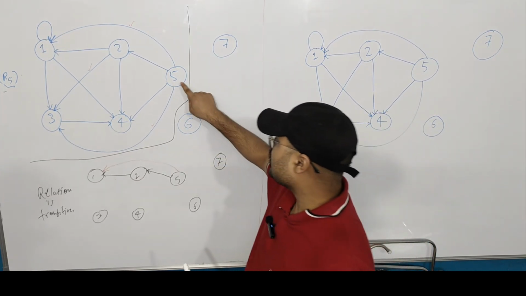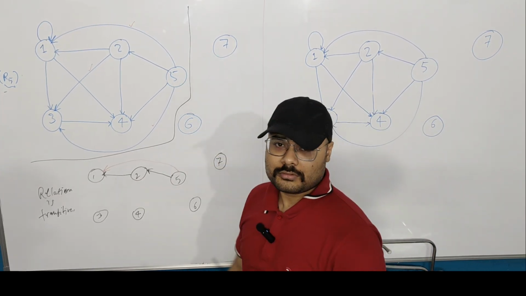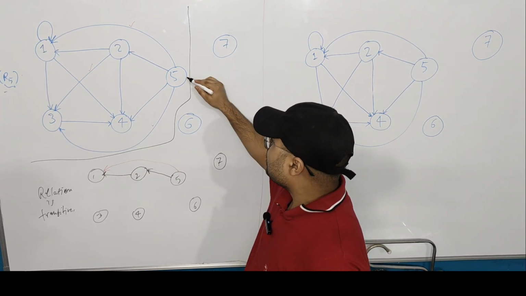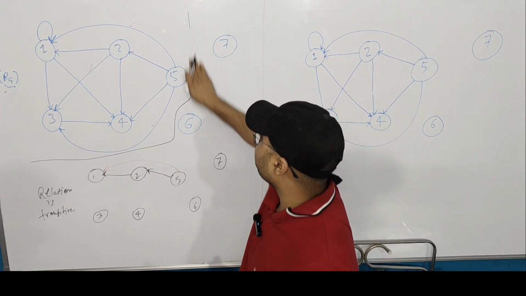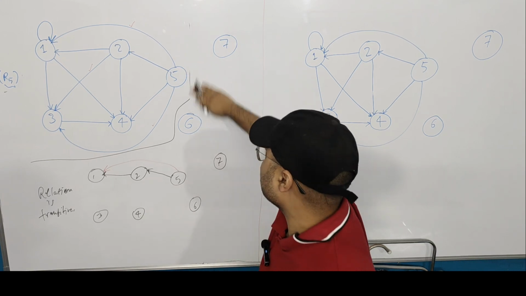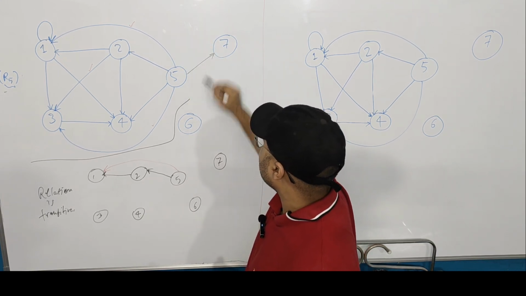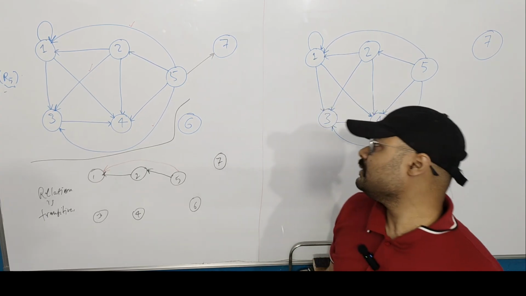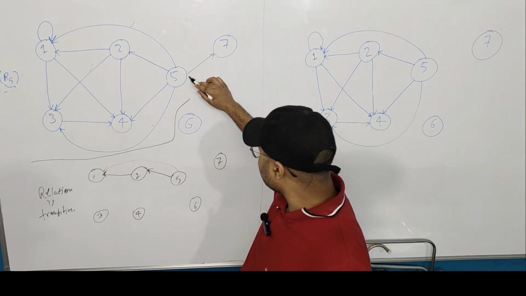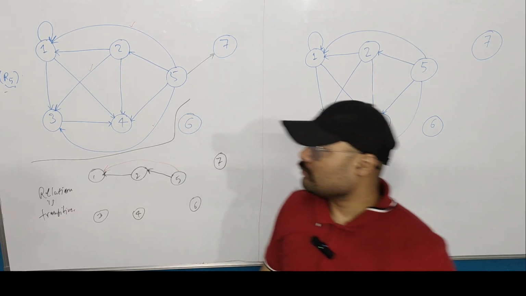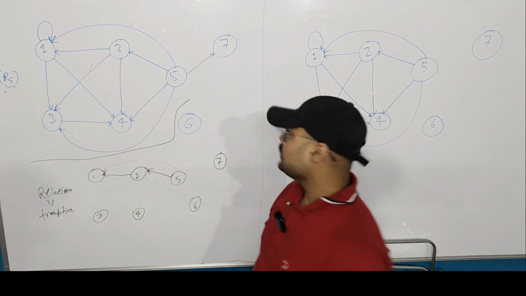Let's say I connect 5 with 7. Then, because of adding this edge, do you need to add any other edge to confirm the transitivity property? No.